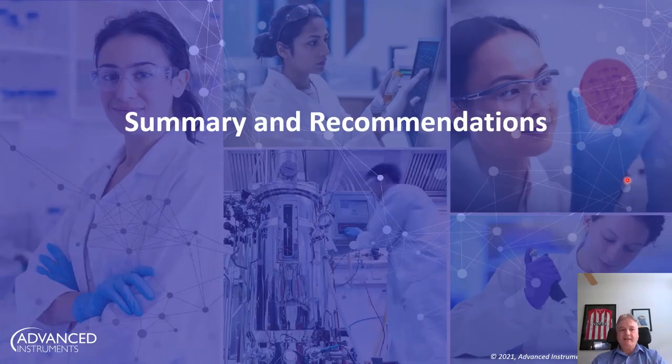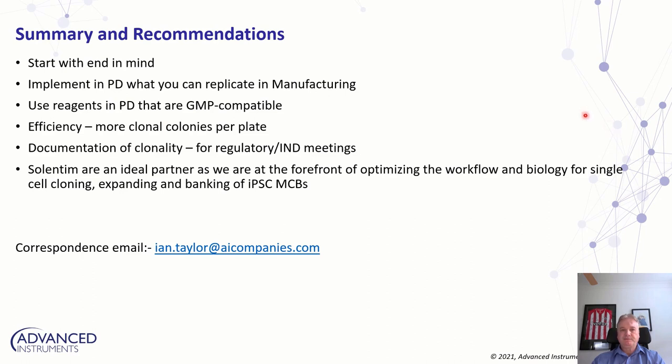So finally, I'm just going to summarize briefly some of the things we've spoken about today. Hopefully I've made the point that we start with the end in mind. In other words, what you think about implementing and setting up in process development now, it would make sense if you think further ahead to manufacturing and implement in PD what you can then replicate in manufacturing.